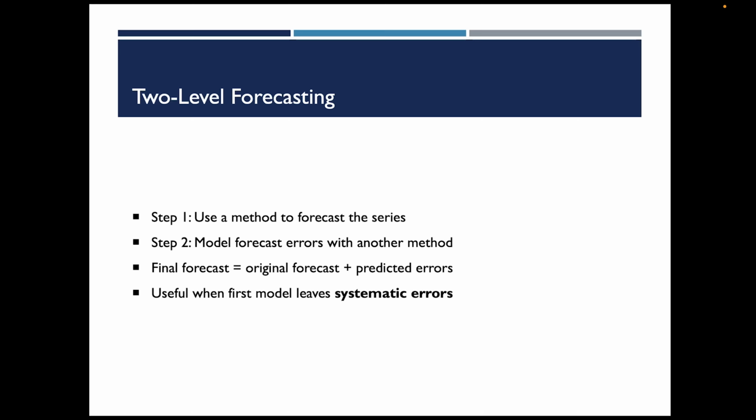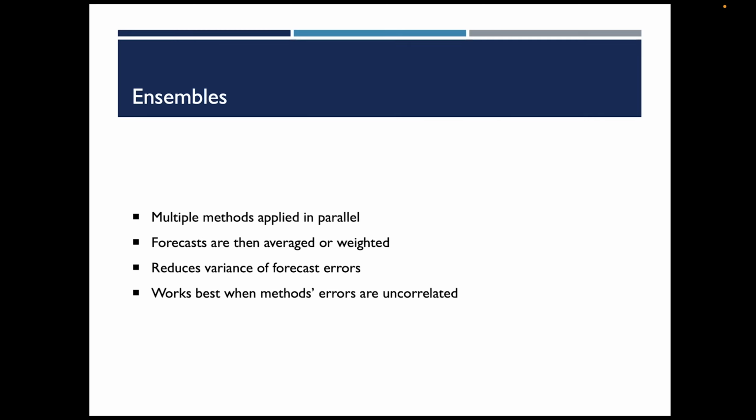An ARIMA model might capture the seasonal structure. So we combine the two, the original forecast plus the predicted errors, and this produces a corrected forecast that is more accurate. This is useful because different models capture different aspects of the data, right? One might capture the long-term trends, the other might capture the remaining seasonal cycles.